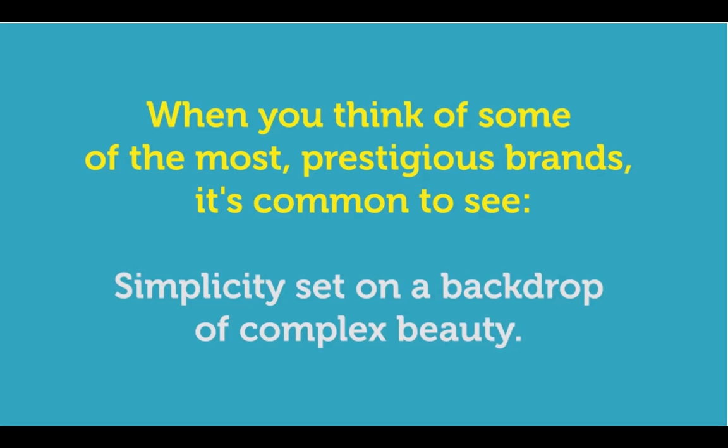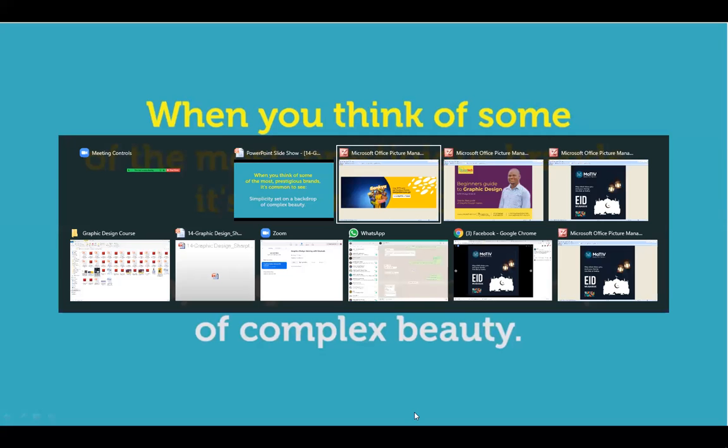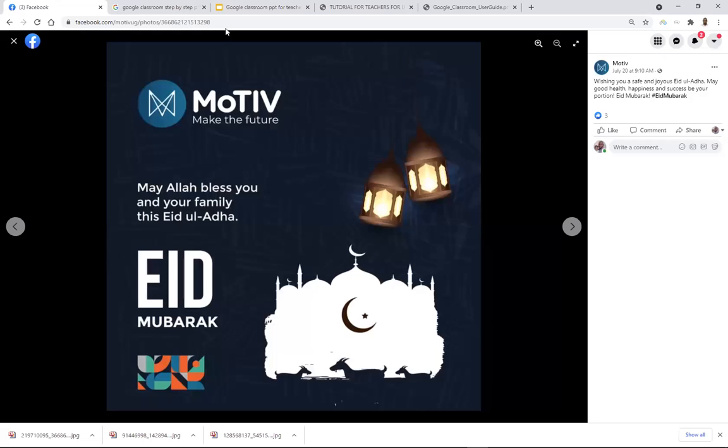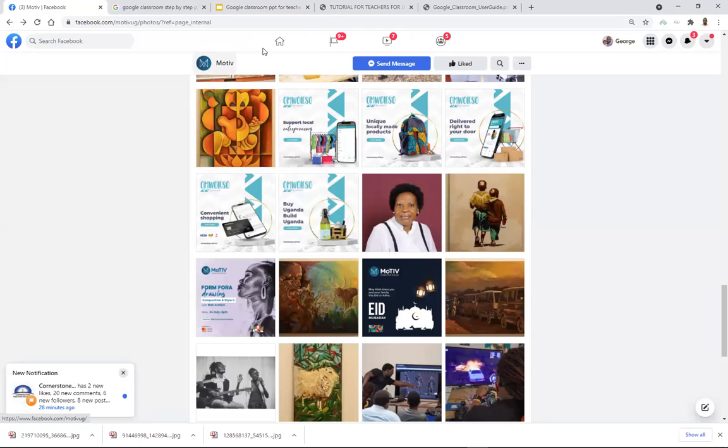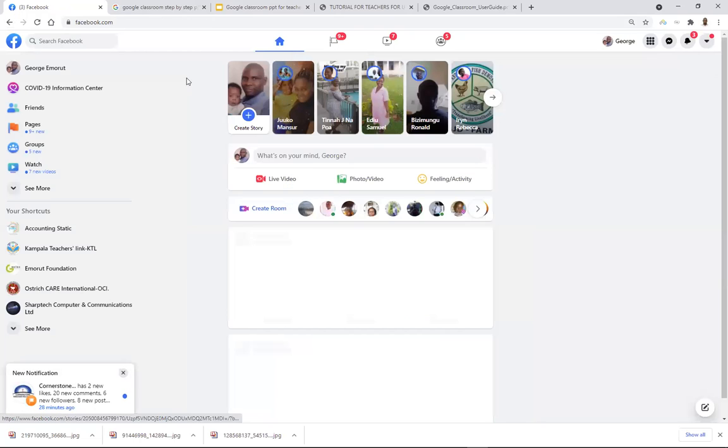Yeah, you can see when I showed you the other one with MTN, you really saw that there was a lot of simplicity. So even if we went to MTN's Facebook page, trust me, you would really see very many other items.